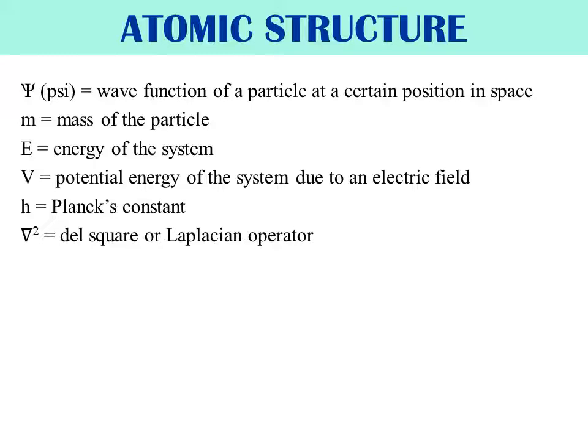Since the particle is showing a wave character, it can be represented in a mathematical form. It should have an equation. Mathematically, it's a wave function. Space means the vacuum, or the space within the atom, outside the nucleus up to the boundary of the atom.